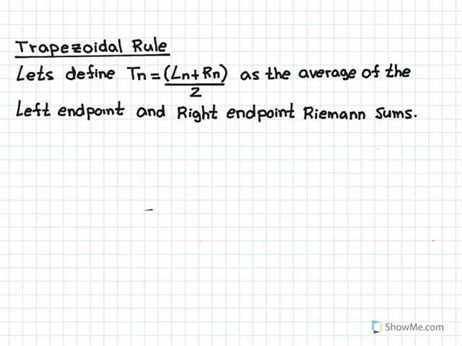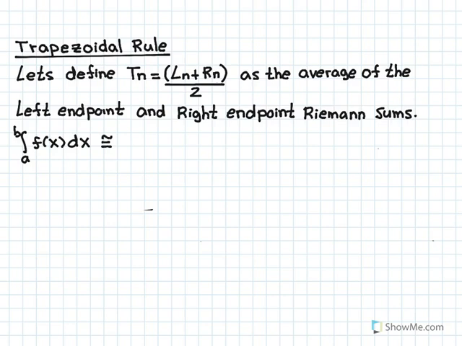All right, so let's now derive the trapezoidal rule. We define the trapezoidal rule as the average of the left-hand and right-hand rules. So what we have is the definite integral from a to b of f of x dx. We're going to estimate that with the trapezoidal rule.